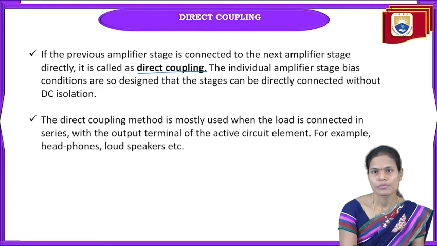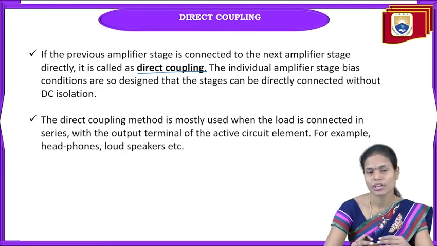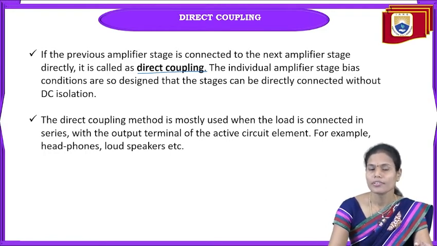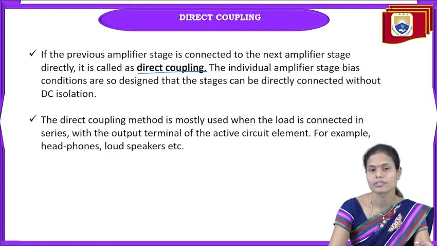But if we do not interconnect the stages using any coupling device, we cannot isolate the DC terms. In this particular case, when we are designing the single stage amplifiers, that amplifier can isolate the DC terms present in the applied input signal.